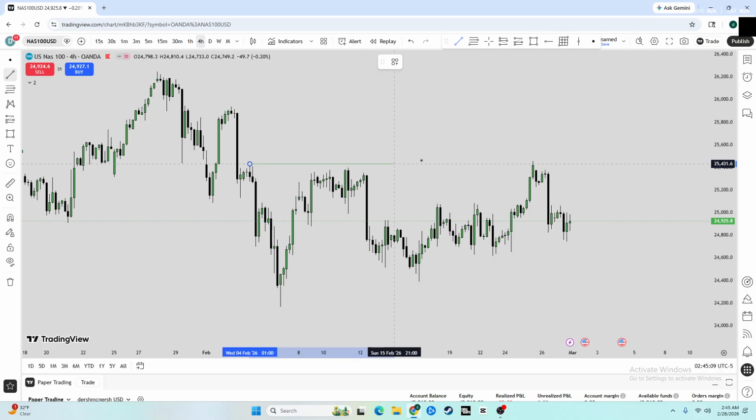So all these highs are still valid until right there, right? Now this is a significant high because we have a high here, here, and here, all relatively equal. Not this one here because this one already got swept, right?